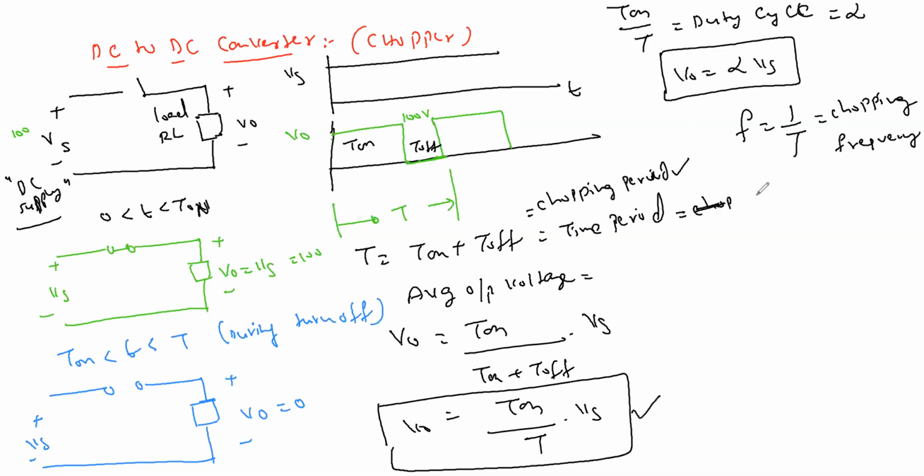Look at this, this is one expression. So V0 is replaced: 1 by time period is F, so you can also define V0 equals F T on Vs.